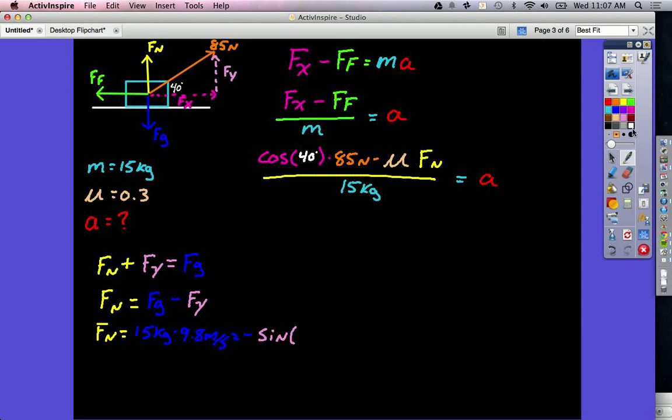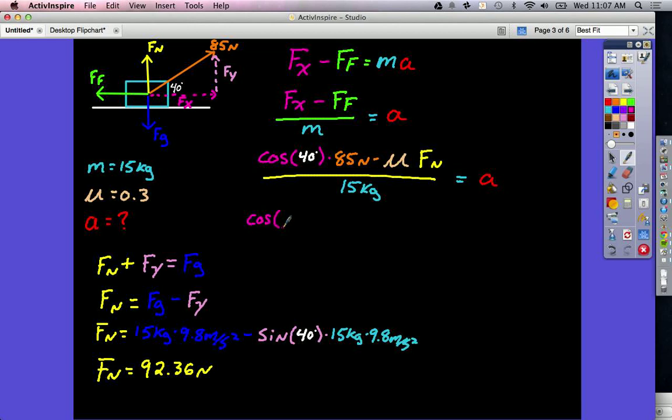Sine of the angle, which is 40 degrees, times the mass of this box or block, which is 15 kilograms, times 9.8 meters per second squared. And when I plug all of that into my calculator, I get a normal force of 92.36 newtons.